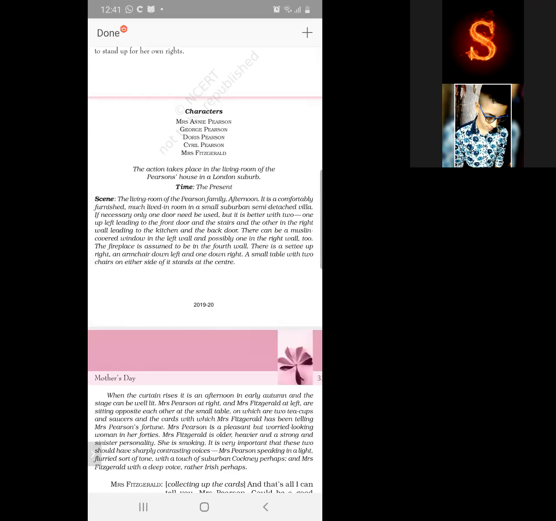There can be a muslin-covered window in the left wall and possibly one in the right wall too. The fireplace is assumed to be in the fourth wall. There is a settee upright, an armchair down left and one down right. A small table with two chairs on either side of it stands at the center.